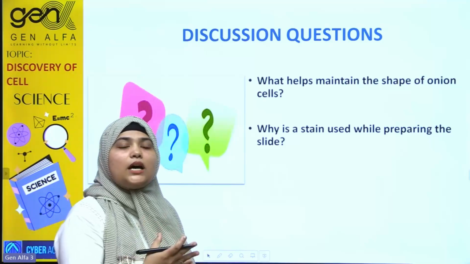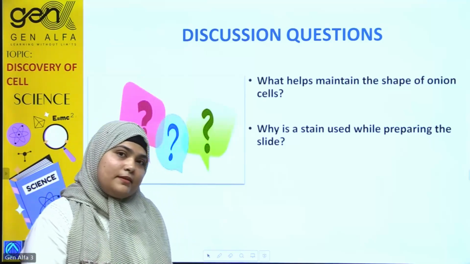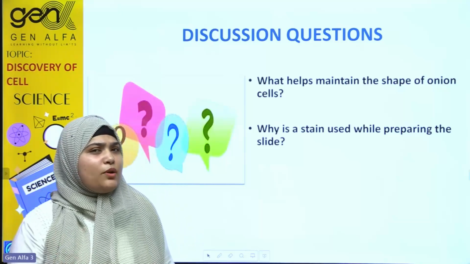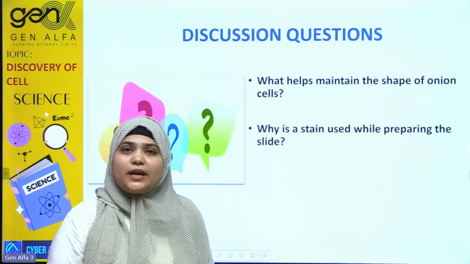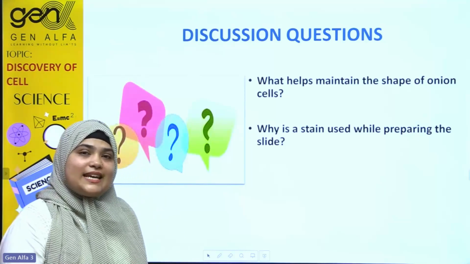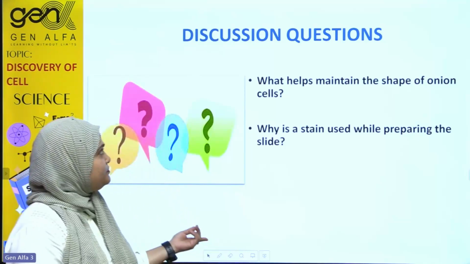Why are we staining the onion peel? To make the cellular components visible, because cellular components like the nucleus and cytoplasm are transparent and very small. So we stain them so that they will be clearly visible under the microscope.